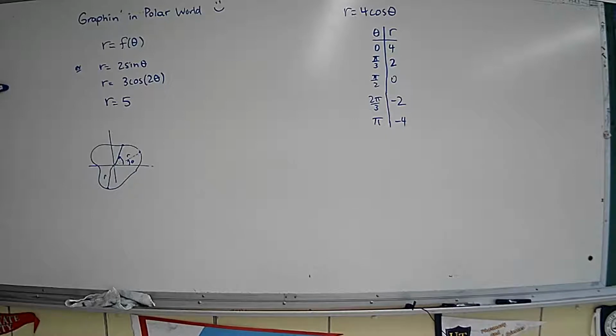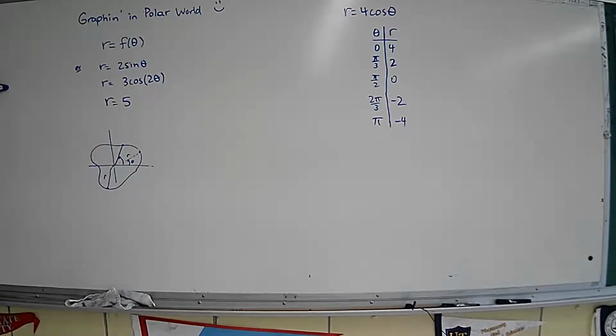When I made theta go from 0 to pi, I went around the circle once. When I made it go from 0 to 2 pi, what do you see? Did anything change? The look of that graph is exactly the same. But what actually happened is that you traced that circle twice. You just can't see that.